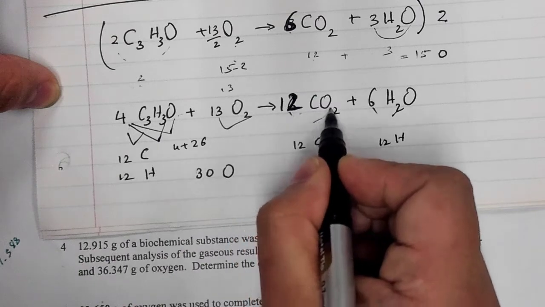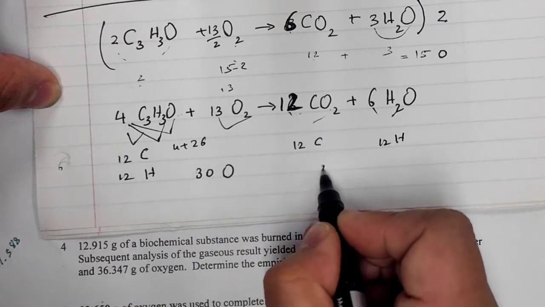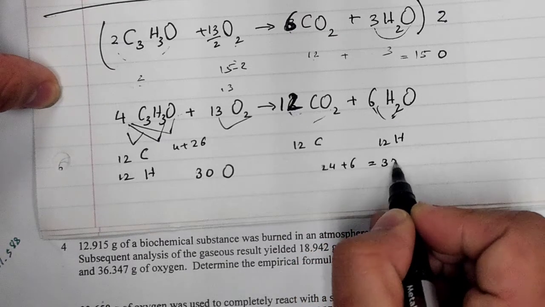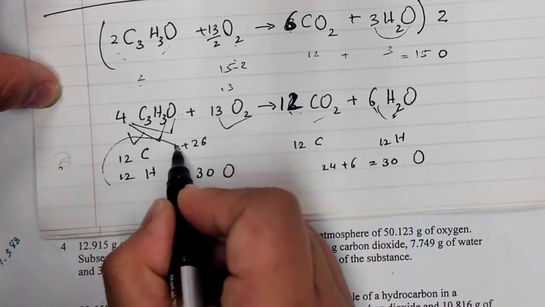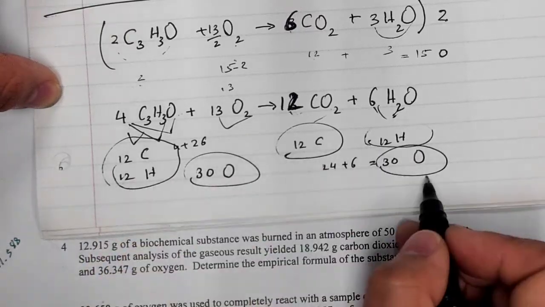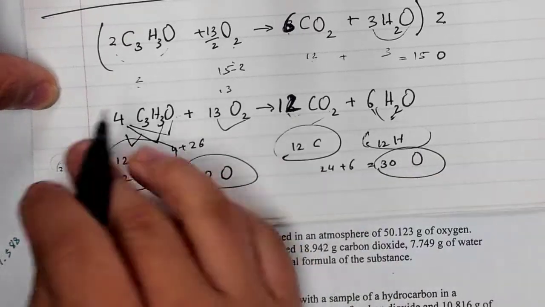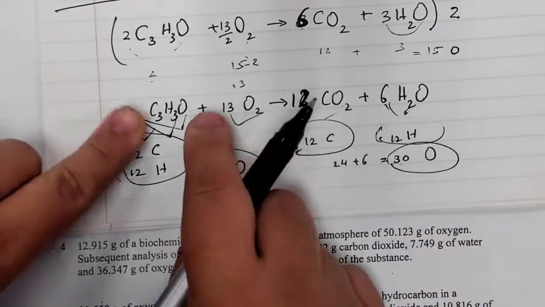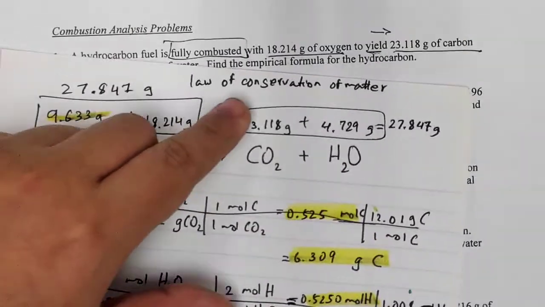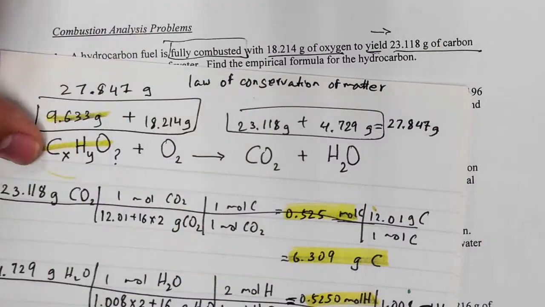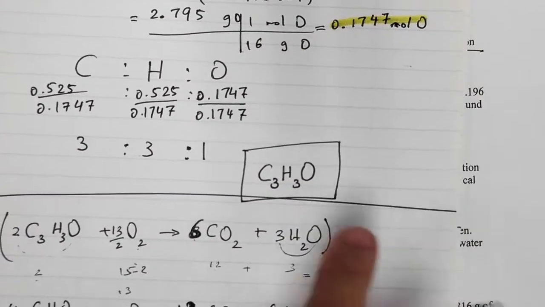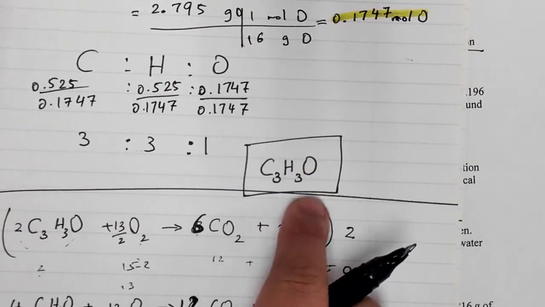Let's see. 24 plus 6, that's also 30 oxygen. So you can see my numbers match. That's called balancing. Your left side has to be equal to the right side. Why? Because of the law of conservation of matter. But for question 1, if we're looking for the answer, that would be our answer, C3H3O.